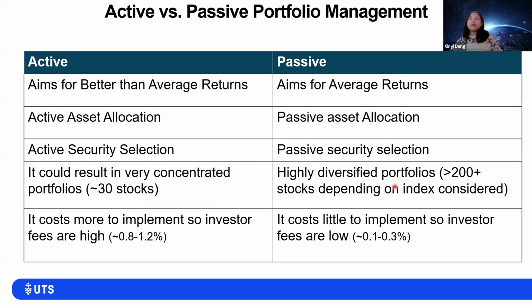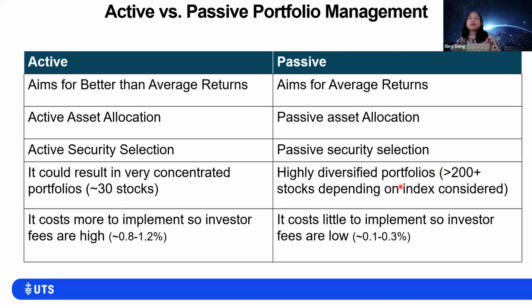Why is that so? That's because we are replicating the market, right? And we know that in the market, we have a tremendous amount of securities. So therefore, in our passive portfolios that replicate the market, we should have a large amount of securities as well.